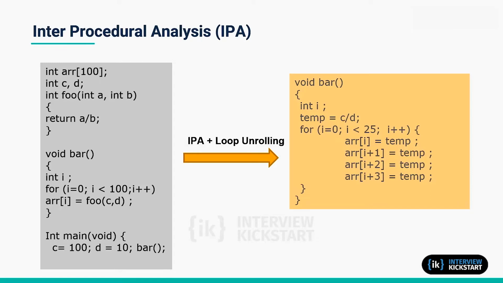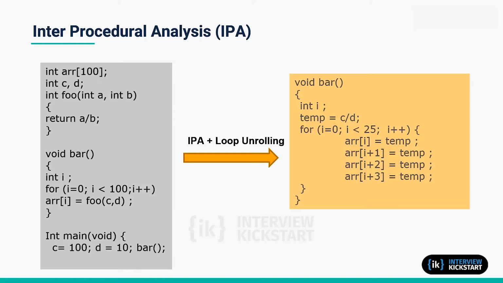Then there is also loop unrolling. Basically, it trades off the number of instructions against branch overhead. So the original loop is 100 times. Here it is divided into 25 iterations with 4 different elements being assigned in each iteration. So this is typical loop unrolling.